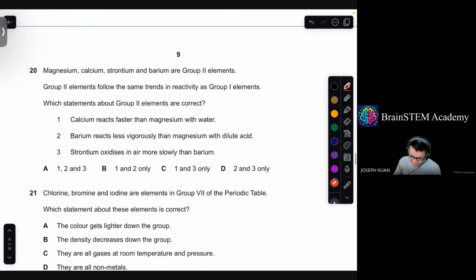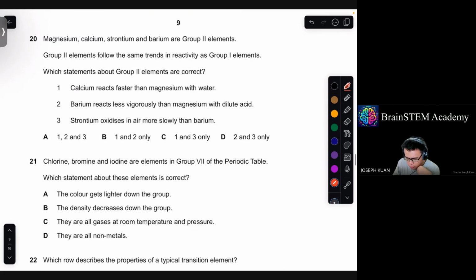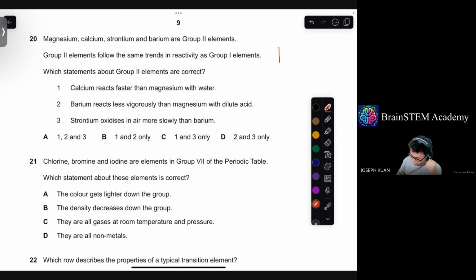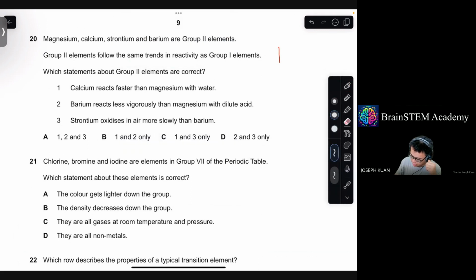Now, question 20. Magnesium, calcium, strontium, and barium are group 2 elements. Group 2 elements follow the same trends in reactivity as group 1 elements. Which statements about group 2 elements are correct? Let's write the list down first, so that we can see the trend here.